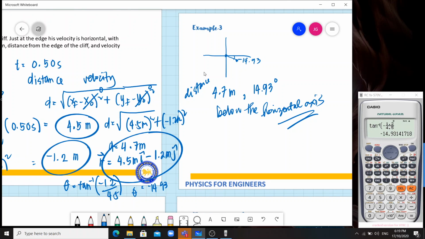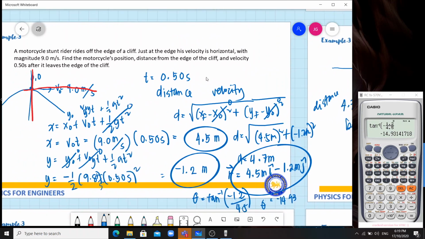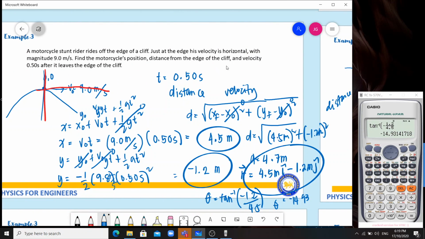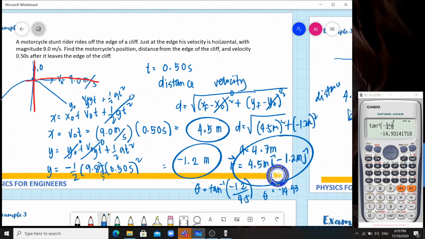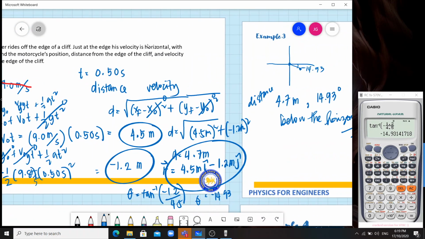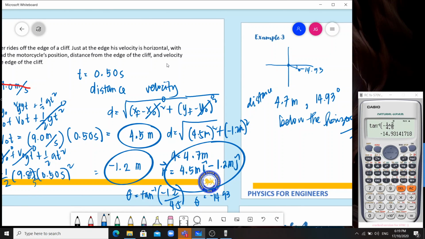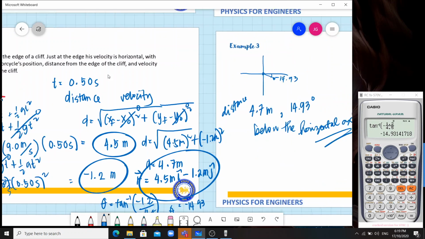Okay? So, next, meron na tayo ng distance. So, let's go to the velocity. And velocity at 0.50 seconds. Ang hinahanap dito yung instantaneous velocity kasi wala namang time interval.